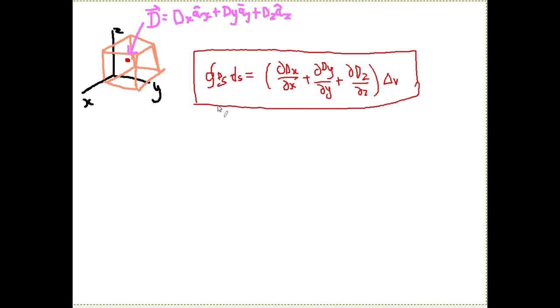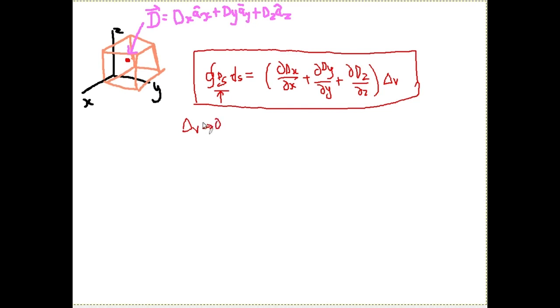But in order to find the divergence, the key factor here is that we have to make sure this D dot ds is converted into a constant. So I have to make sure that delta v tends to 0.